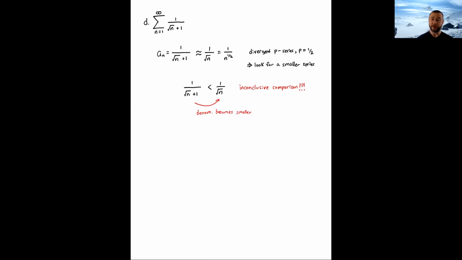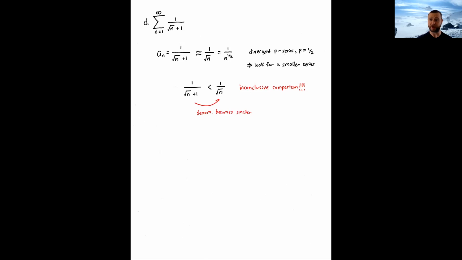And what you get, if you make your denominator smaller there by getting rid of the plus 1, is you get a bigger term, 1 divided by square root of n. Now this actually falls into the inconclusive part of the comparison test, or direct comparison test, where if the bigger infinite series diverges, that says nothing about the smaller infinite series. So we get an inconclusive comparison here.